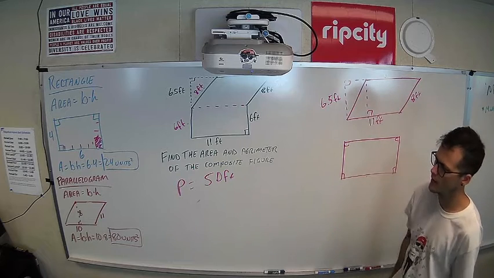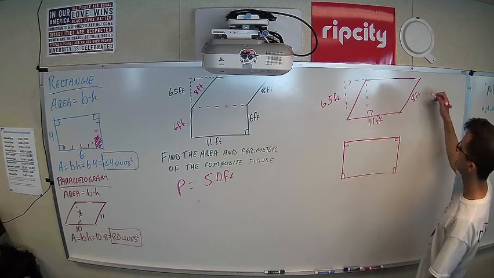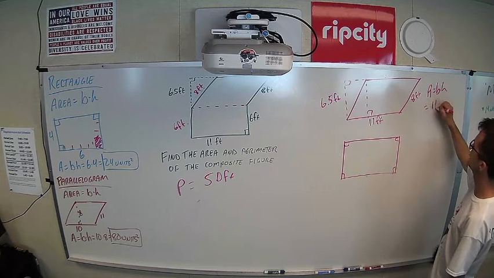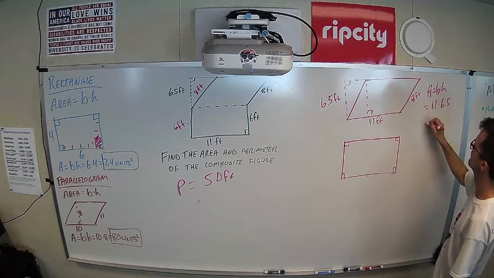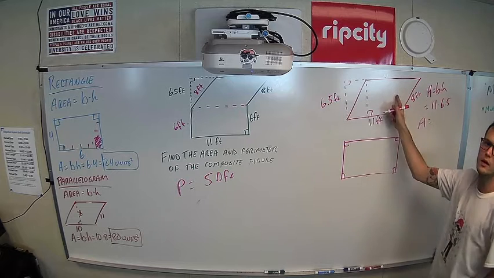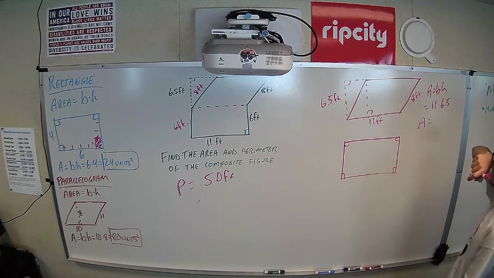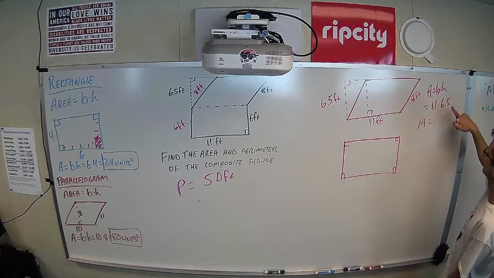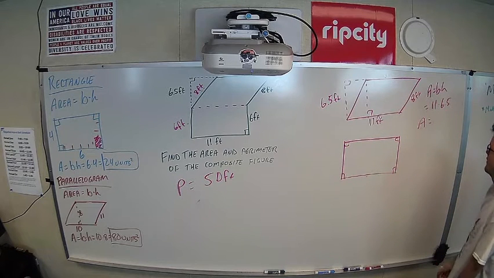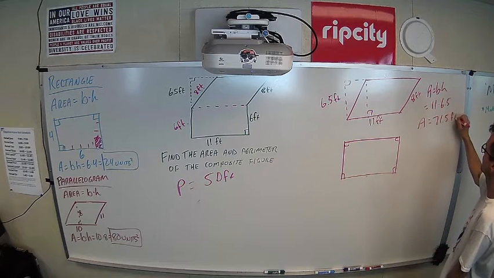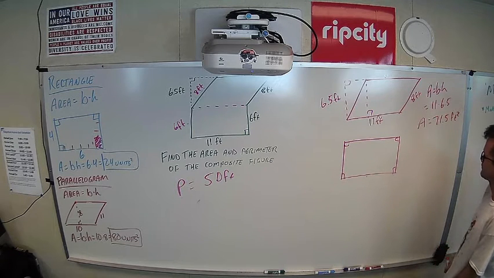So area equals base times height. It's going to be 11 times 6.5. What is that? That's 66 plus 5.5, which is half of 11. So it looks like 71.5 feet squared.